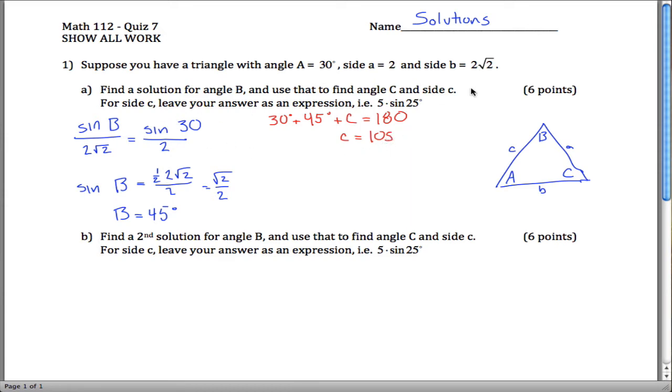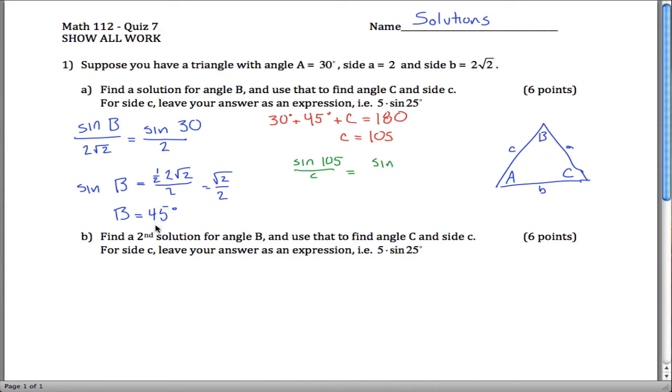And then finally, we want to find side c. I think the easiest way to do that is to use the law of sines, although there's a couple different ways you could do it. But using the law of sines, we would say that the sine of C, which is the sine of 105, over little c, the length of side c, these are capital C's here, although they all look the exact same when I write them, has got to be the same as the sine of, we can use any of these.